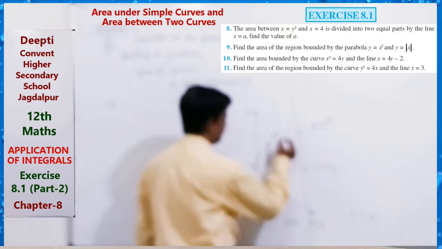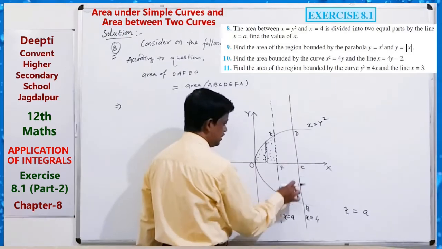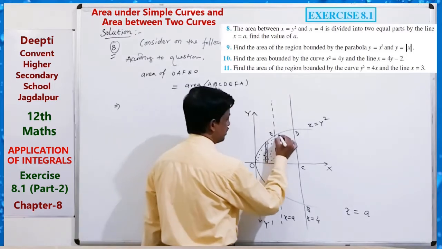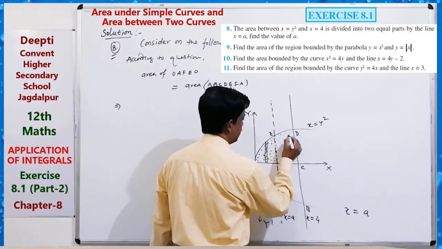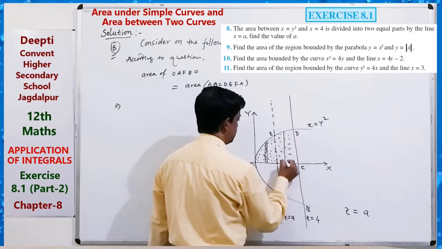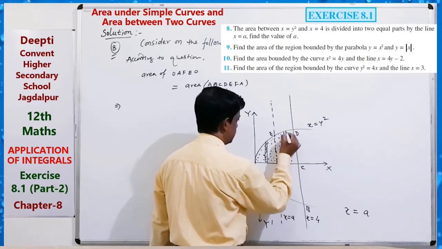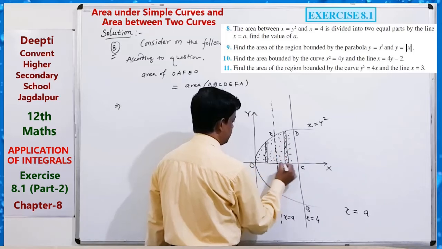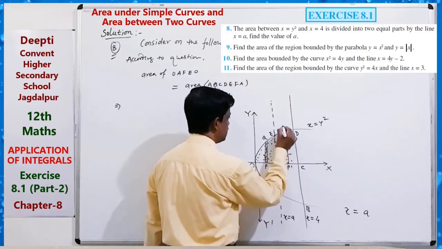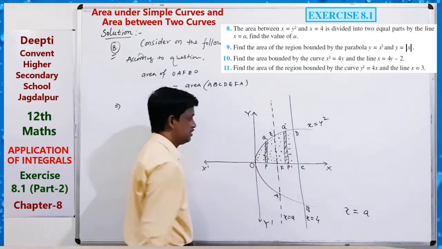Similarly, this area also can be found by taking another vertical strip, PQ and P dash Q dash.